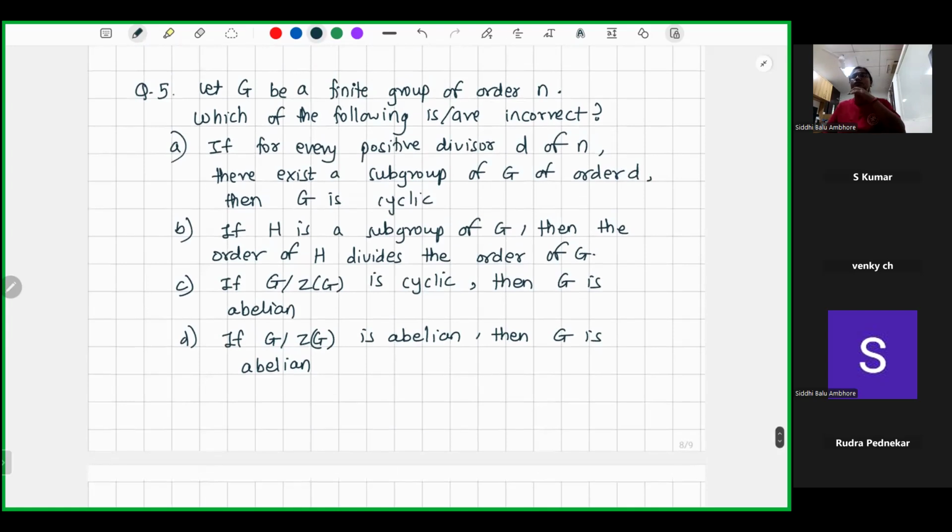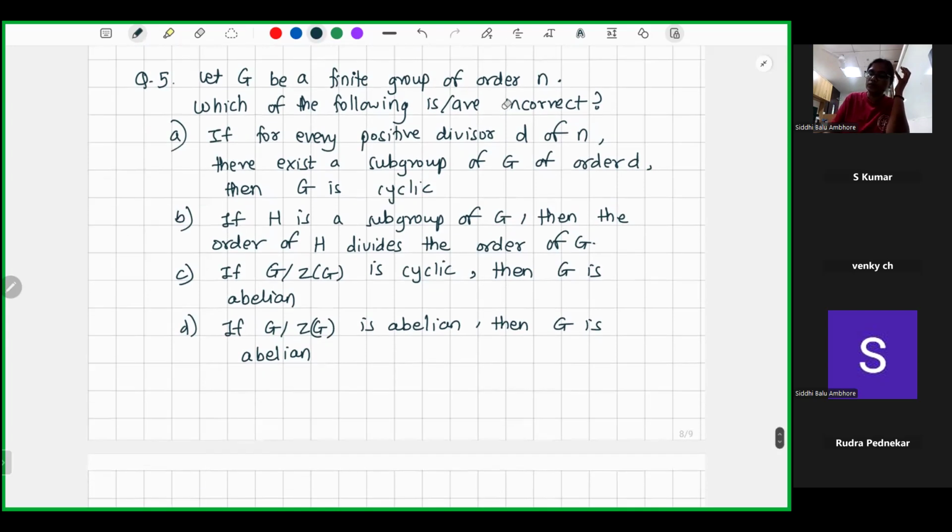So any guesses for this, like which one is true, false, or whatever your guesses are? We have to check which ones are incorrect, or let us find which ones are correct. It doesn't matter whether we find the correct or the incorrect ones.